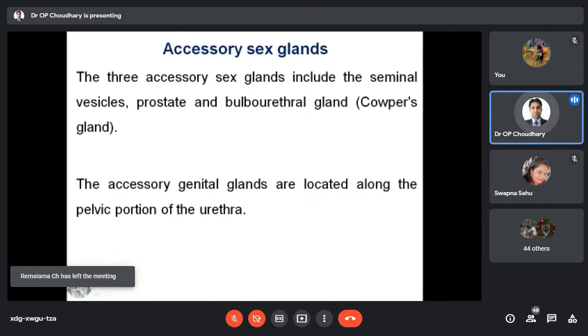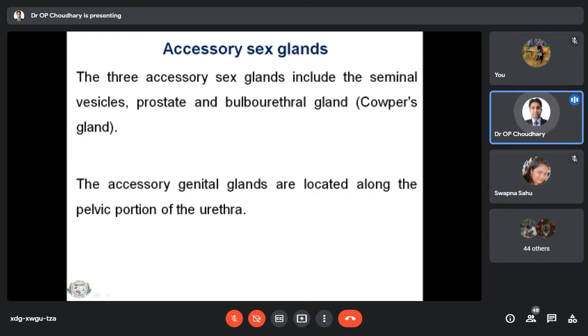Then accessory sex glands. So what are the accessory sex glands? These are the glands which secrete nutritional fluids as well as fluids that provide longevity to the spermatozoa and can increase the lifespan of the spermatozoa.